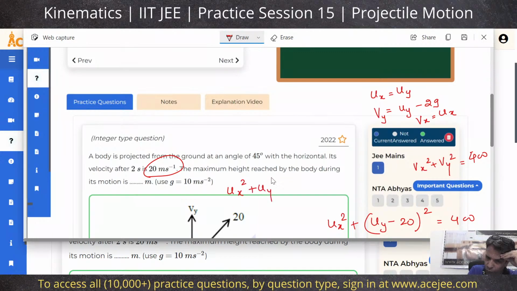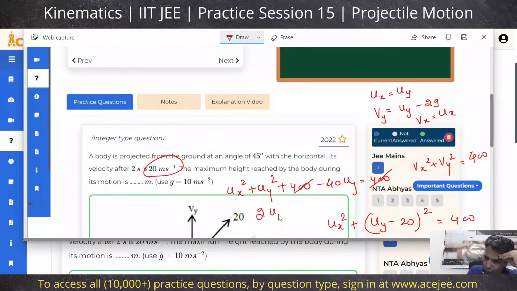plus Uy squared. I think I noticed where I have made the mistake here. Minus 40 Uy is equal to 400. Now Uy equals Ux, so let me replace Ux with Uy. So what do we get for Uy?